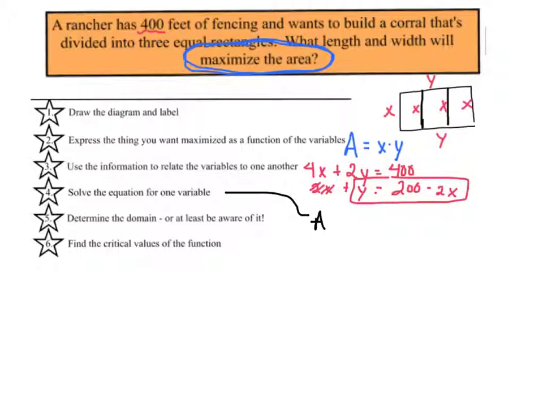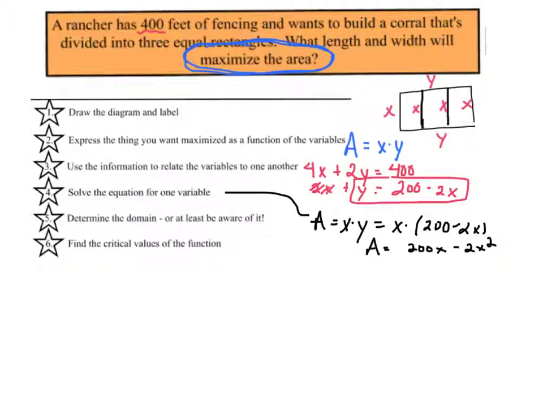So area was x times y. Now it's x multiplied by 200 minus 2x. And in the interest of, I know there's a calculus step at the end, it would be easiest to multiply in and have 200x minus 2x squared, like that.